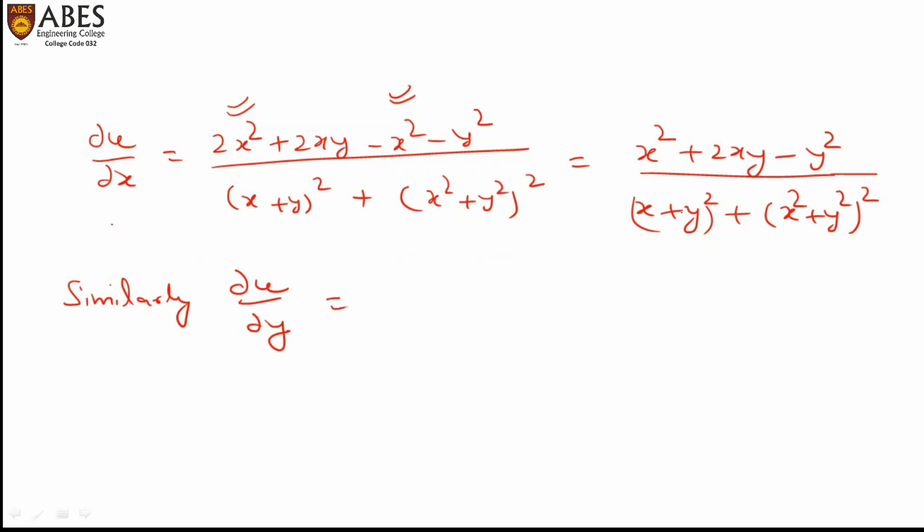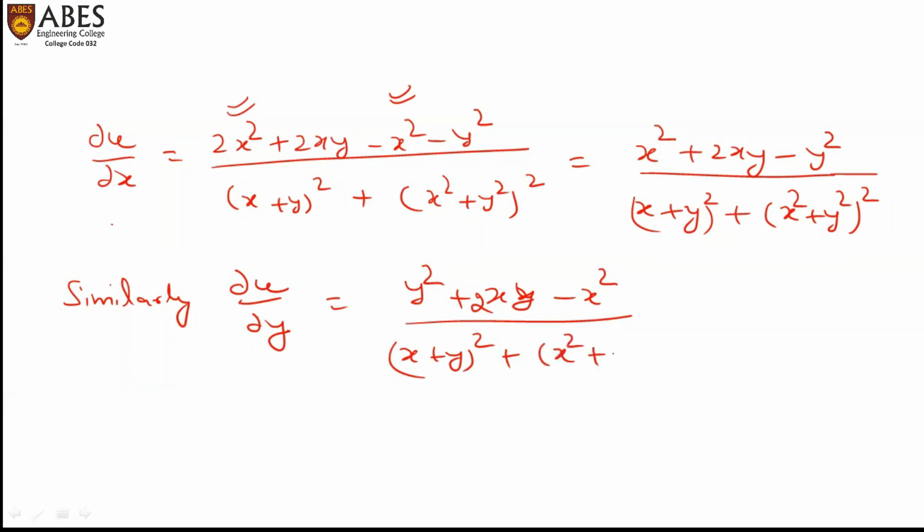Correct. So just replace x by y and y by x. Then we will get y square plus 2xy minus x square upon (x plus y) whole square plus (x square plus y square) whole square.